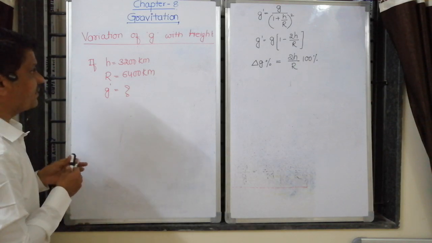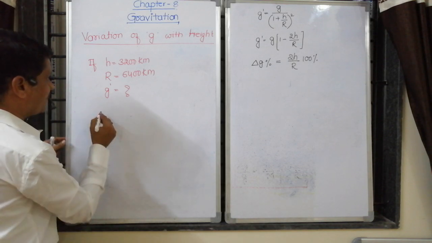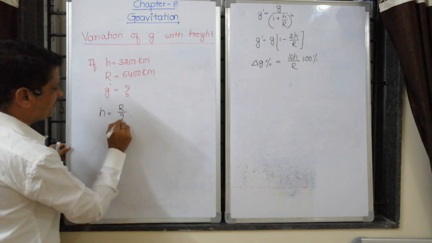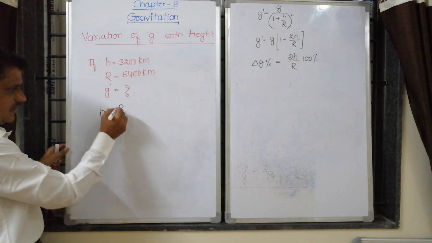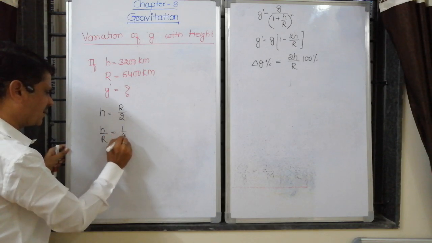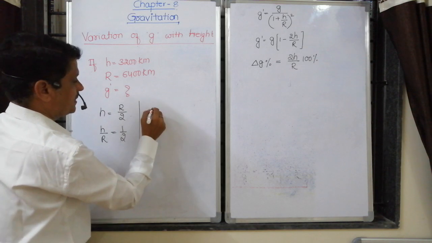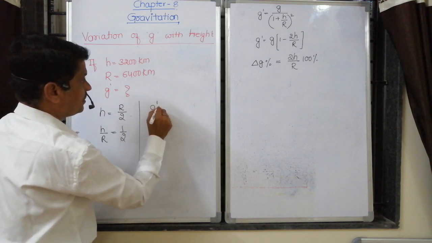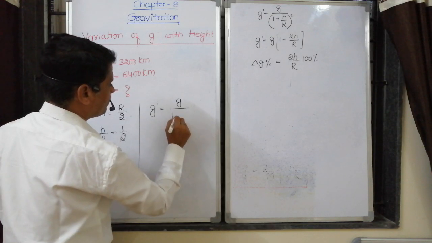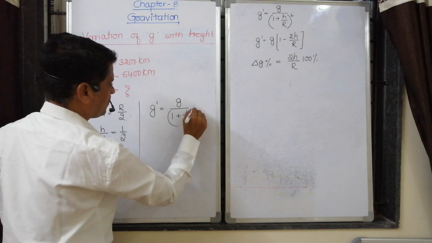And one more simple way is, if you look at this formula, our h is equal to r by 2. Am I right? R by 2. If I bring this side, h by r is equal to 1 by 2. Take this formula, then g dash is equal to g divided by 1 plus 1 by 2, whole square.